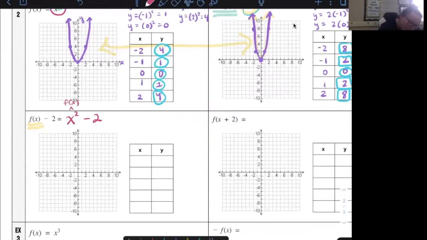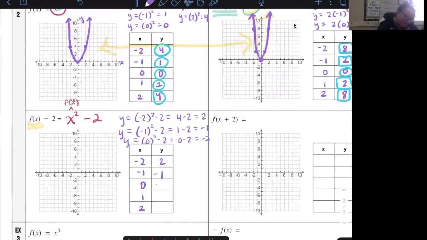So let's do the same x values, -2, -1, 0, 1, and 2. So -2 squared minus 2 would be 4 minus 2, which is 2. We're going to do -1 squared minus 2, which is 1 minus 2, which is -1. 0 squared minus 2 is 0 minus 2, which is -2.